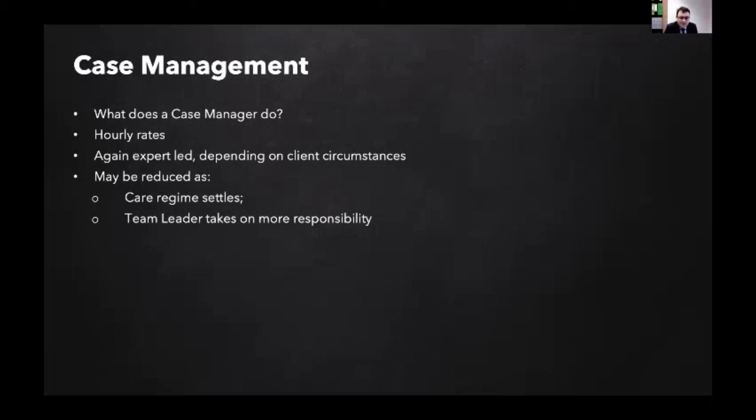And what they really do is take that level of expertise and organize everything, or manage the case. That will include setting up the care package, setting up therapies, setting up a rehabilitation programme, managing the carers on site during the earlier stages of a care regime, with twofold benefits, really. The first, obviously, is to take the pressure off family members, who very often will not have experienced anything like these events in their lives before.